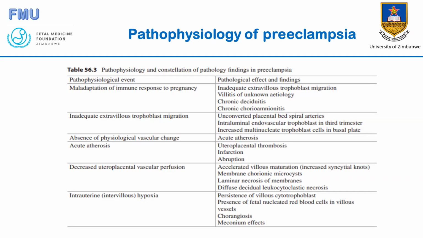One of the key pathophysiological events is intrauterine hypoxia, which will manifest through persistent villous trophoblast, presence of fetal nucleated red blood cells in villous vessels, and chorionic cysts. It was touched on earlier.